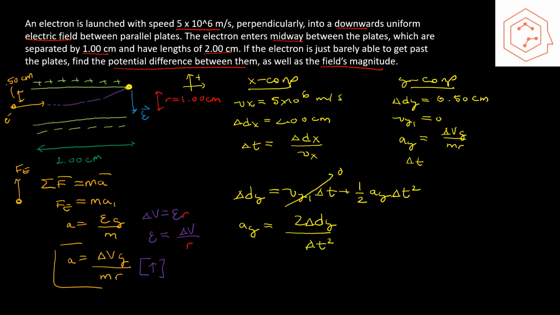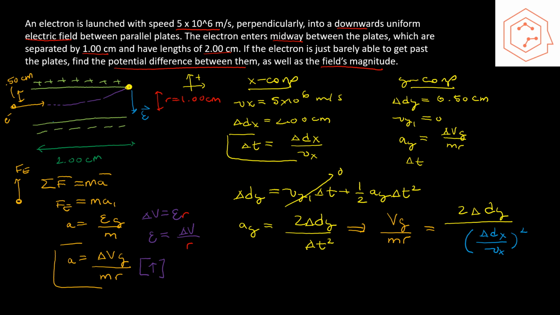We know what delta t is. That's equal to delta dx divided by Vx, and Ay is equal to V Q divided by M R. And so V Q divided by M R is equal to 2 times delta dy divided by delta dx squared over Vx squared.